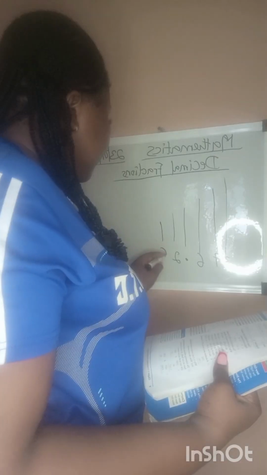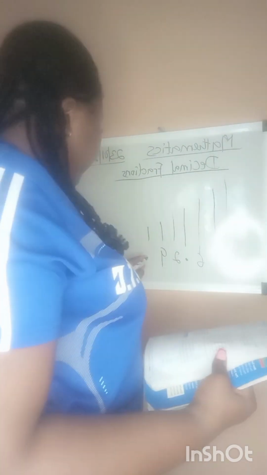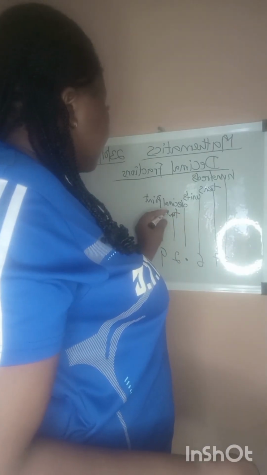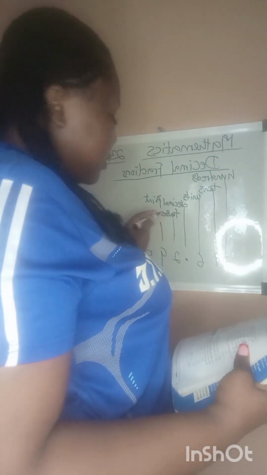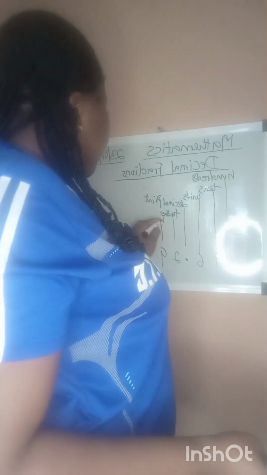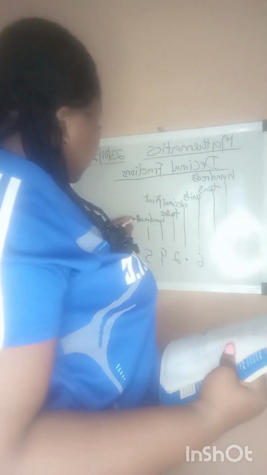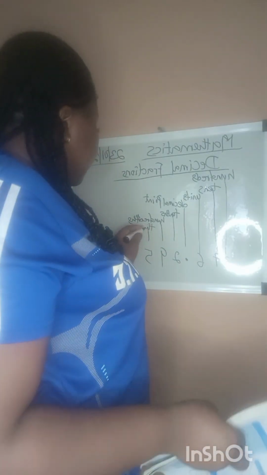Here we have 5. And this one we have hundreds, tens, right? Yeah, tens. Here we have hundreds, here we have thousands.